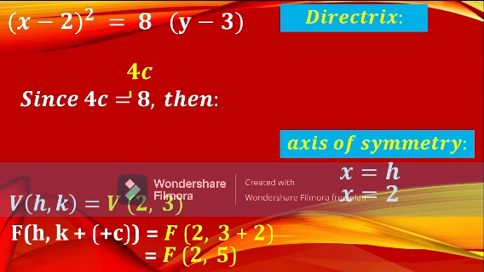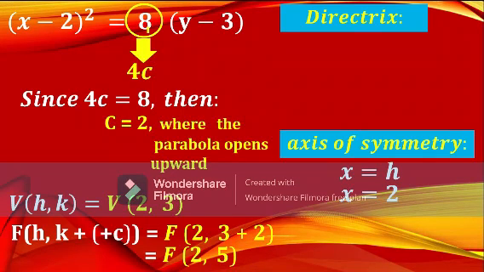So 4c is equal to 8. Therefore, since 4c is equal to 8, divide both sides by 4. c is equal to 2. You've noticed that c is positive 2. It means that the parabola opens upward, because we know already that the axis of symmetry is vertical.